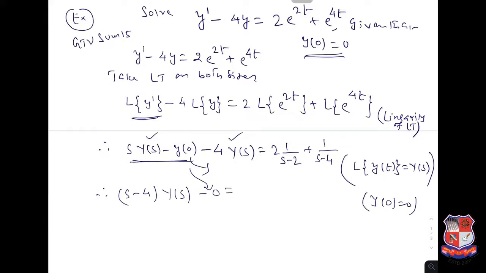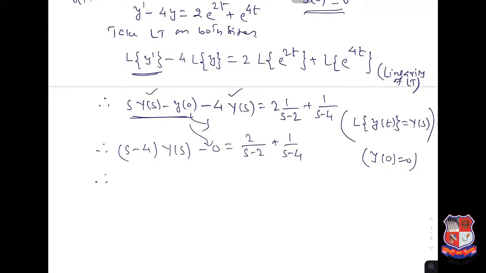This is 0, y at 0 is 0, that is given, and that is equal to 2 upon s minus 2 plus 1 over s minus 4, and therefore Y(s) is equal to 2 over (s minus 2)(s minus 4), this s minus 4 you can take now on this side, plus 1 over (s minus 4) square.